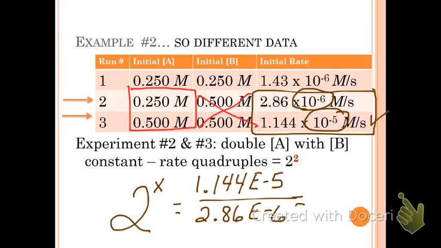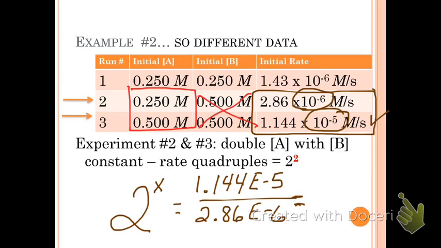So clear your calculator. Put in 1.144 e negative 5. Remember, if you're going to use your times 10 key, you have to put it in parentheses. In other words, you'd have an open parenthesis, 1.144 times 10 to the negative 5, close parenthesis, so that your calculator knows that's one expression.